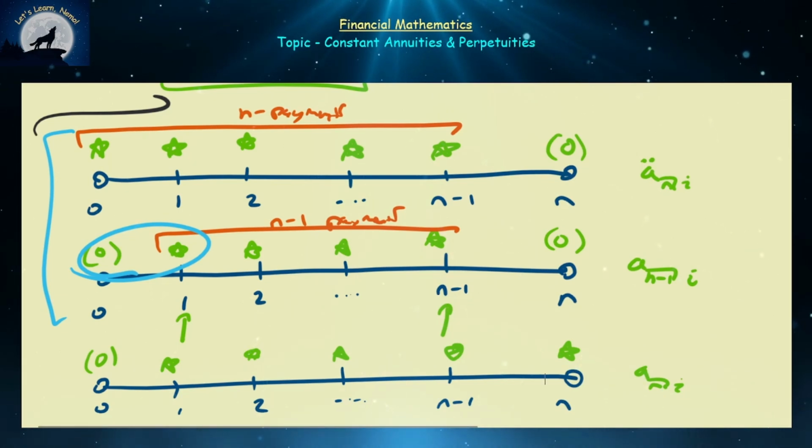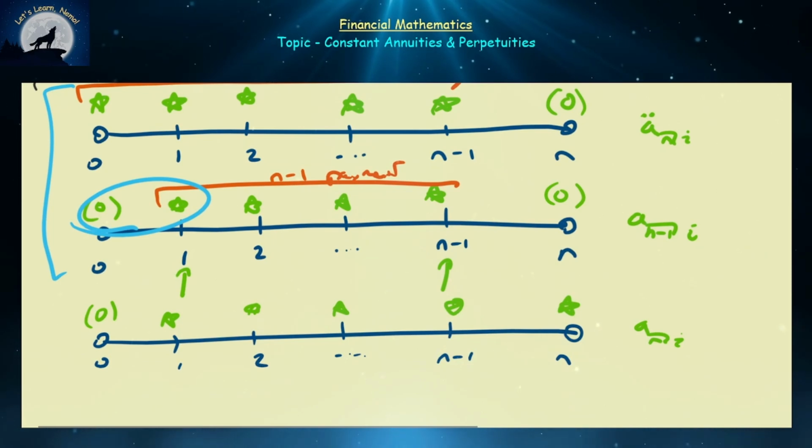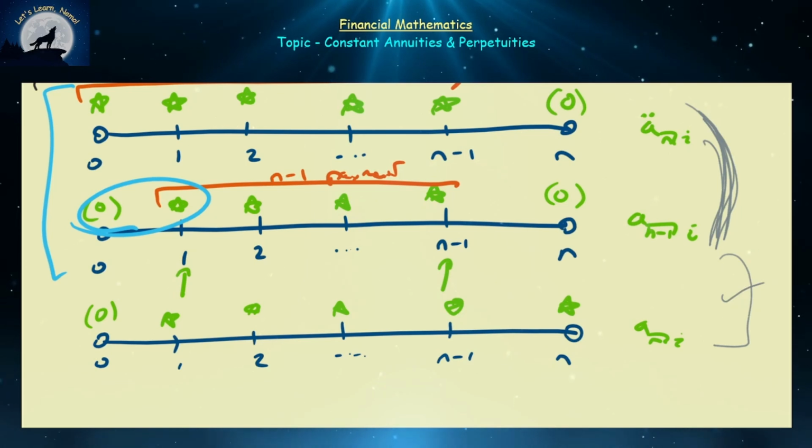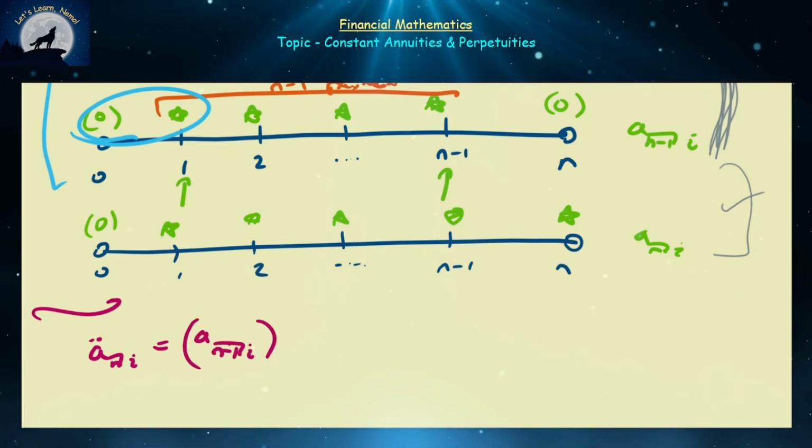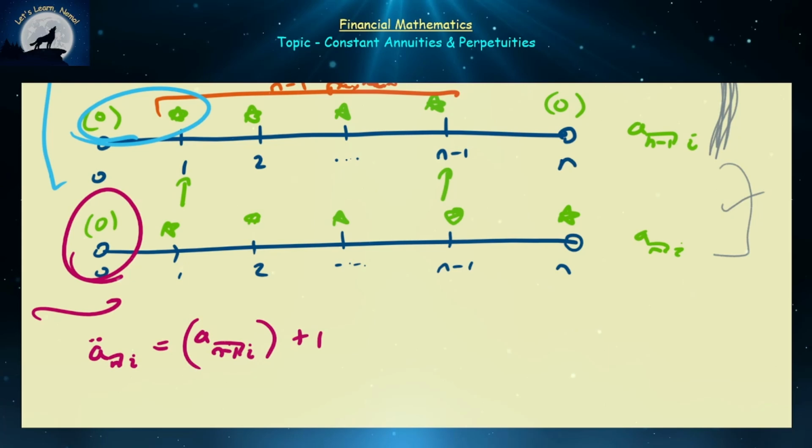So if you can look at this particular mathematical structure and connect between these two in particular, because these ones are obviously trivial to each other, then what we have here is that the present value of an annuity due with n payments is the same as the present value of an annuity immediate with n minus 1 payments, plus 1, which is that particular payment that is located at time t equal to 0.